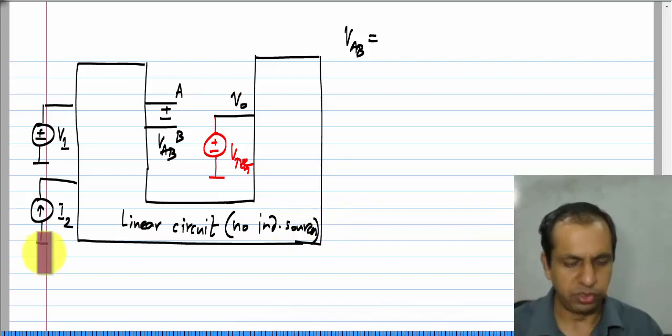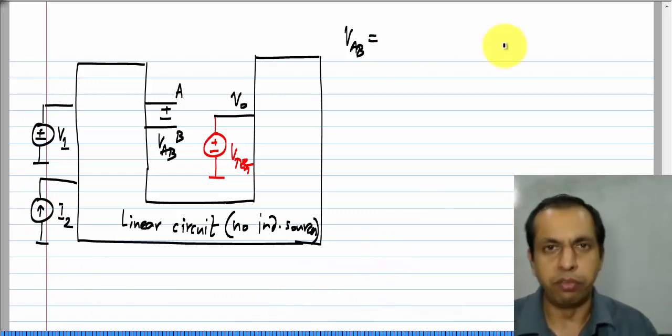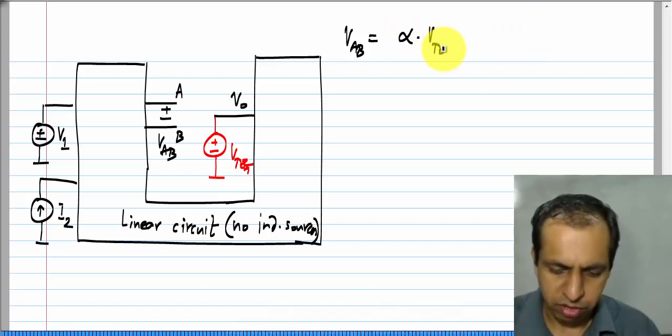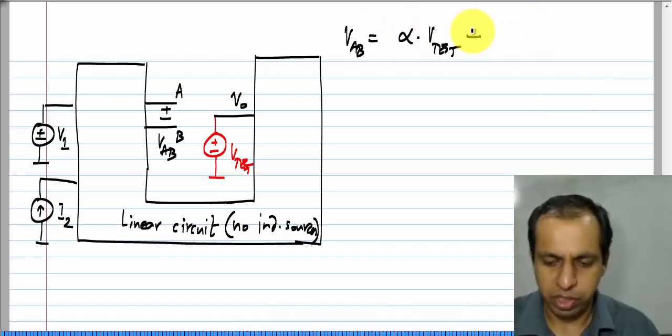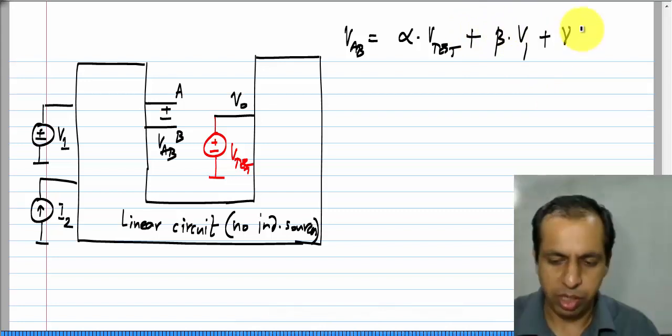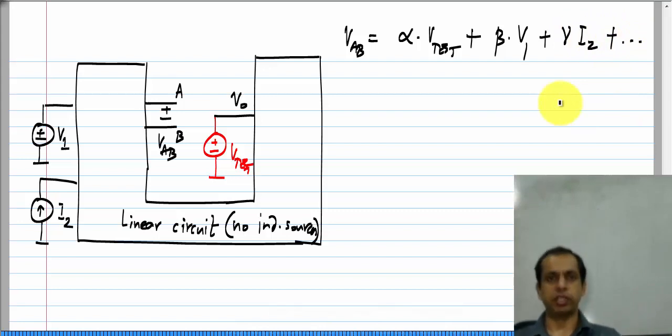All the independent sources are shown outside. I have shown a case with 2, but you can generalize it to any number. So, this VAB will be some alpha times V test plus some beta times V 1 plus some gamma times I 2, and if you have more sources, the linear combination will continue.